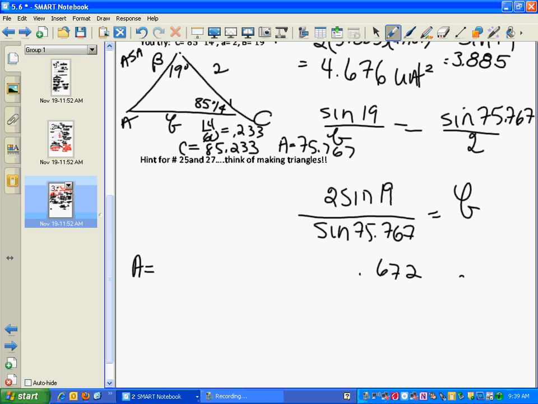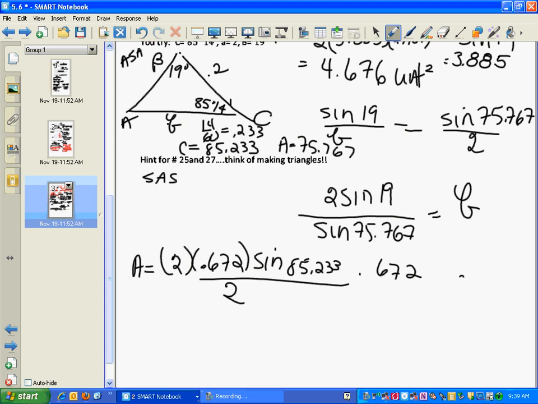A and B. That means 2 and 0.672, and then what do I write? No, sine of C. Because you're doing the side angle side, right? Side angle side. So sine of 85.233, and divide that by 2 because it's 1/2. So what does that make your area?